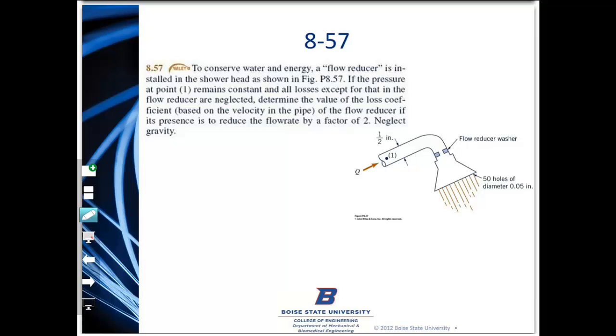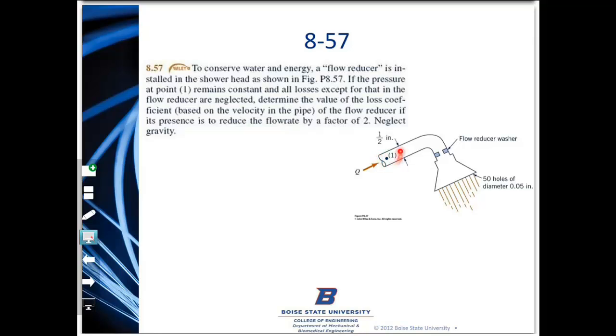So let's look at some problems from your book. Problem 857. To conserve water and energy, a flow reducer is installed, which is shown here in the shower head in this figure.